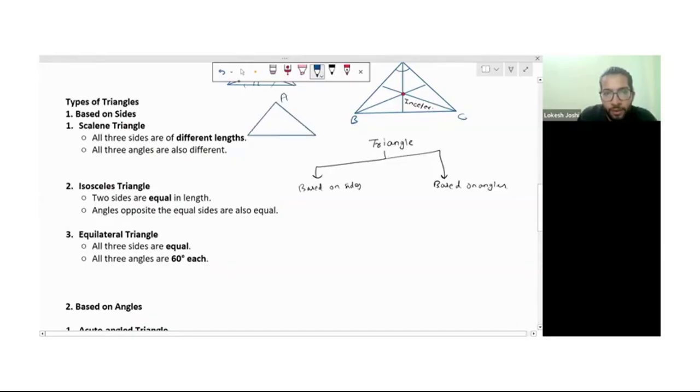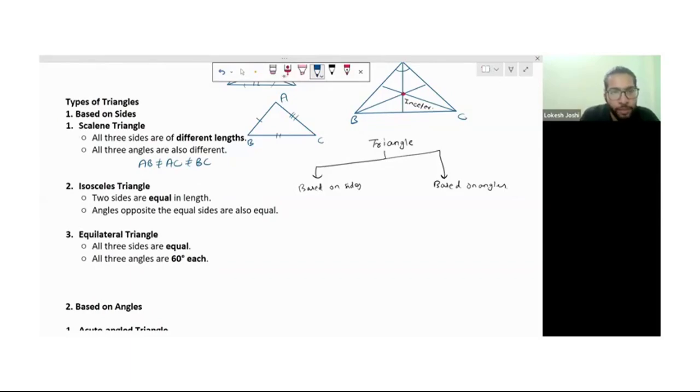Suppose it's A, B, and C. It's given that AB is not equal to BC and not equal to AC, which means all three sides are not equal. So we can say this triangle is a scalene triangle.